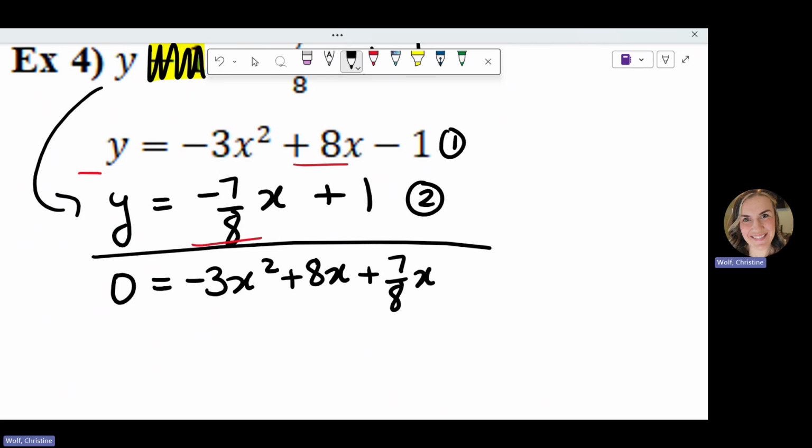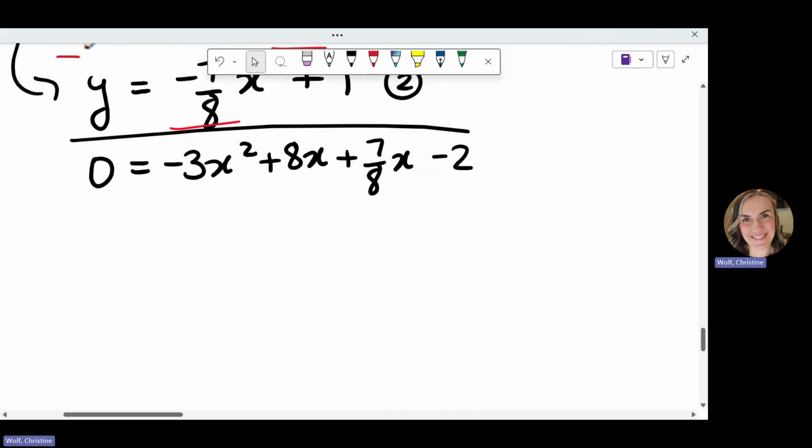We know we're going to have to do positive 8 plus 7 over 8. And so we'll just do it in the midst of the equation. We'll have one extra step to do down here, but that's okay because I can't do that in my head. And then my last one is negative 1 minus 1. That gives me negative 2.